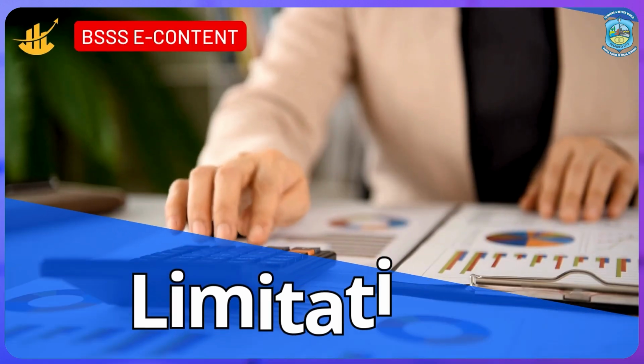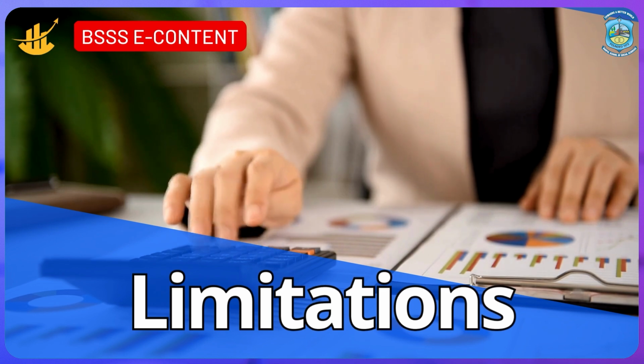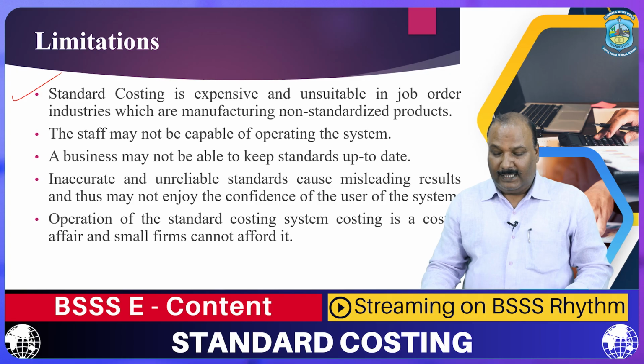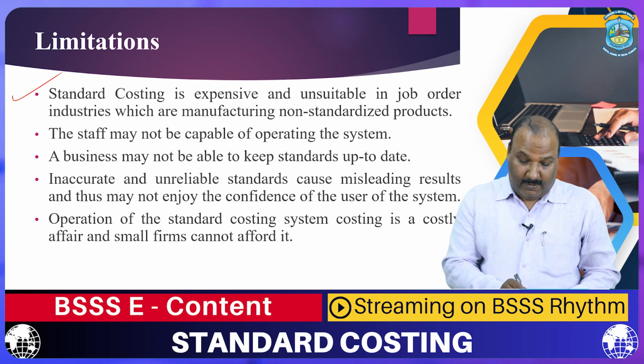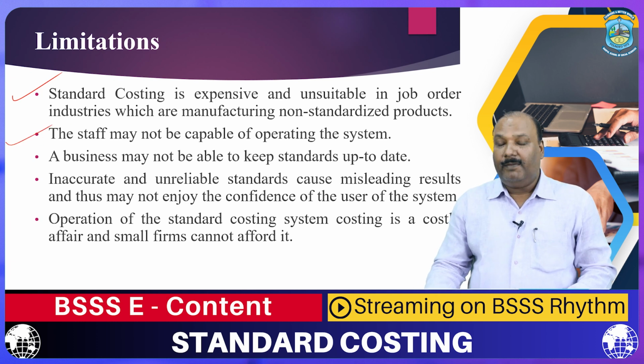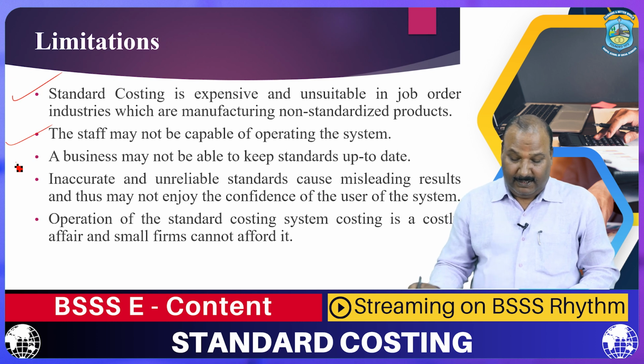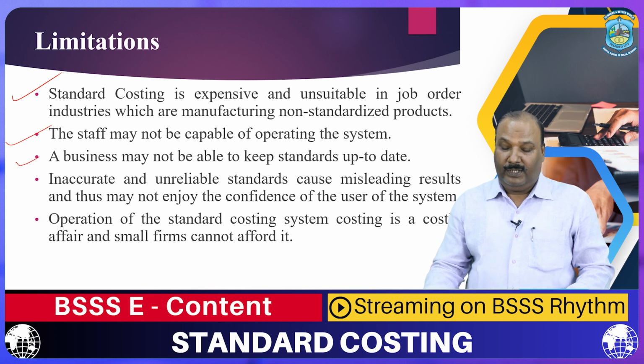If we talk about the limitations of standard costing, number 1, standard costing is expensive and unsuitable for job order industries which are manufacturing non-standardized production. The staff may not be capable of operating the system. Next, a business may not be able to keep standards up to date.